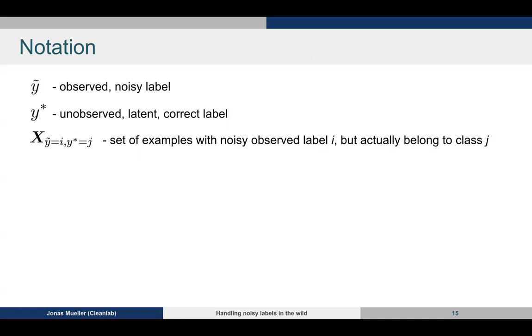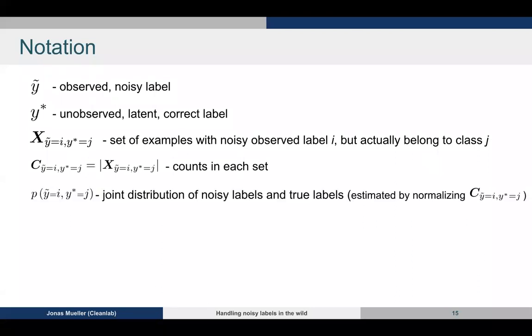And so I'll jump into a little notation briefly. Here we have y tilde being the observed noisy label for each data point, and y star being the true label that should have been given, which we never observe. Then we have this set X_ij, which is the set of examples in the data set that were given the label i, but actually should belong to class j, and C_ij being the counts.